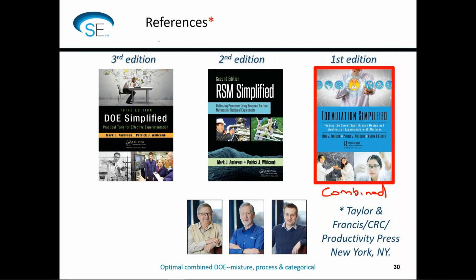Now, if you're really just looking at process situations, then the first two books are the ones that do that. Okay, so that would be the DOE Simplified and the RSM Simplified that covers the response surface methods for process optimization. So that's our trilogy, with me as the primary author.